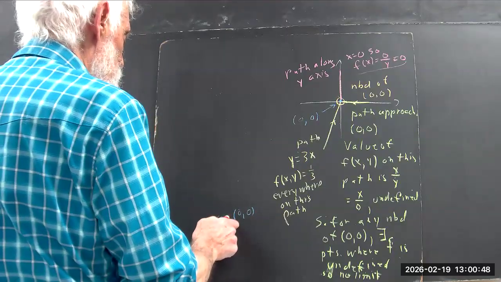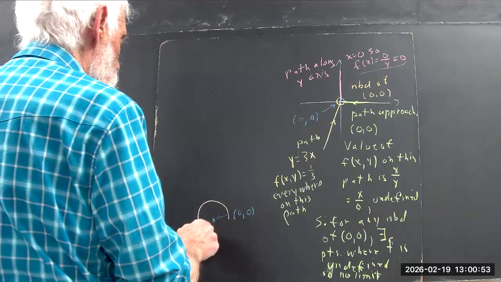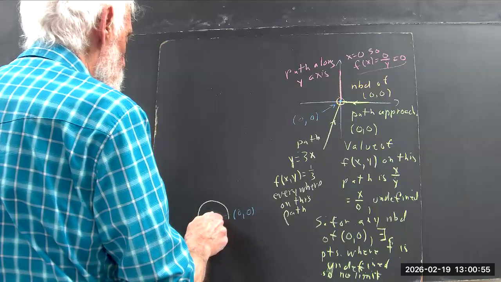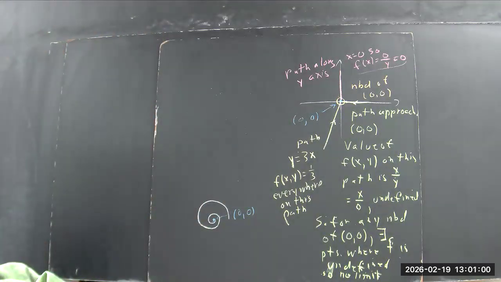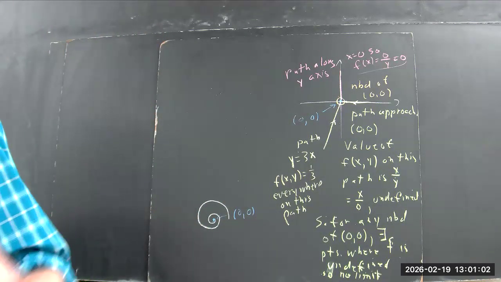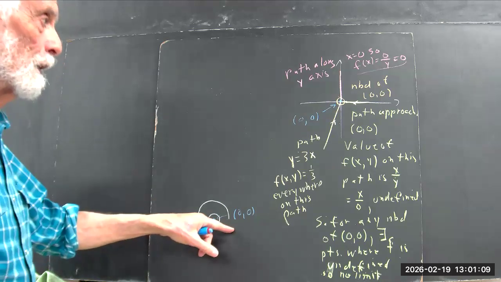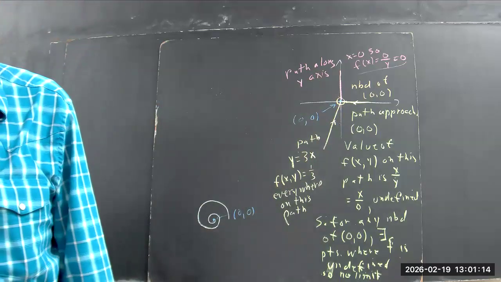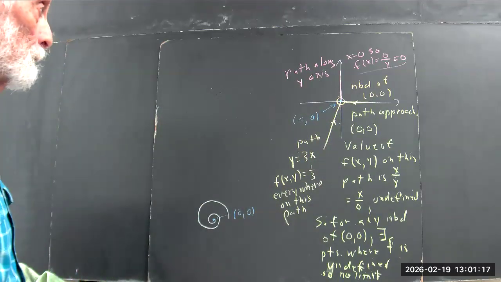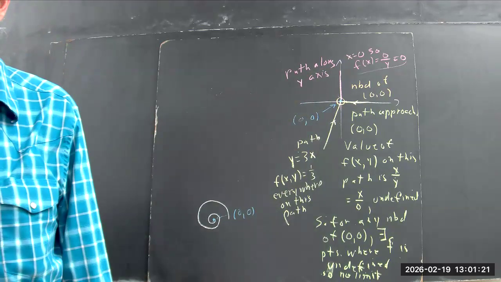And I could use a path that just spirals in and keeps spiraling in, but never gets to (0, 0). Along this path, there are always points on the x-axis where the function is undefined.